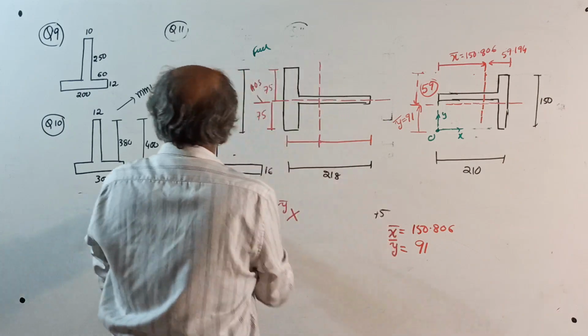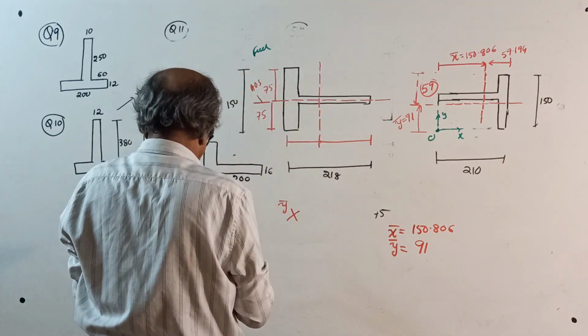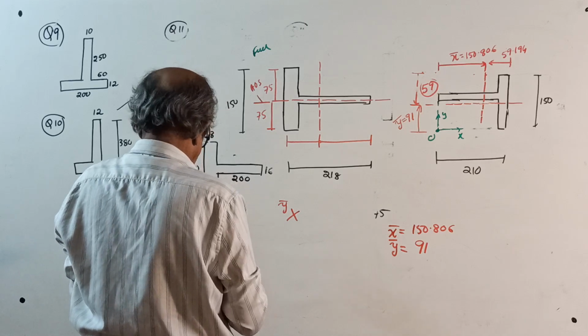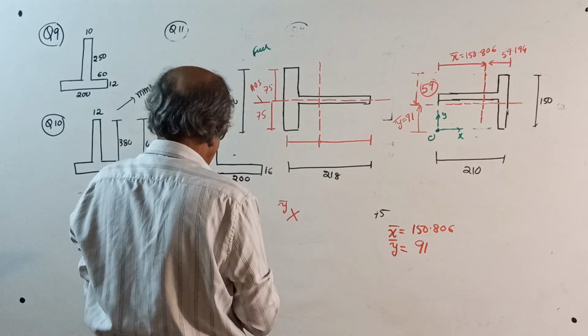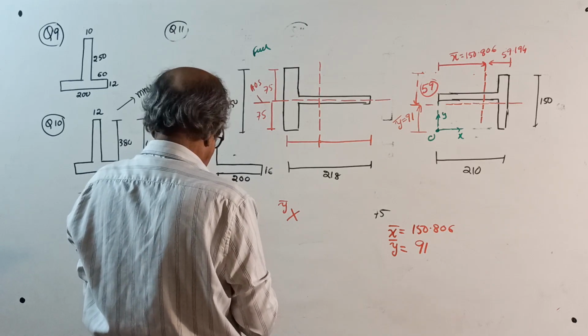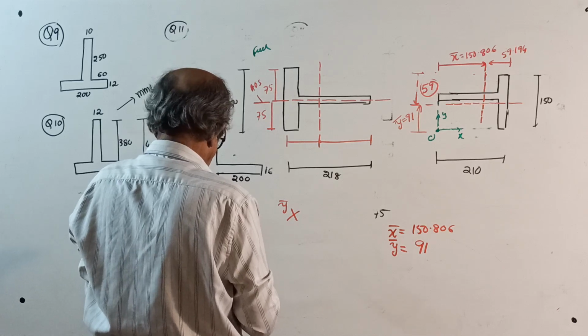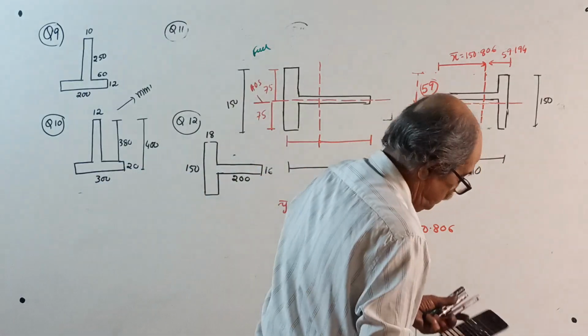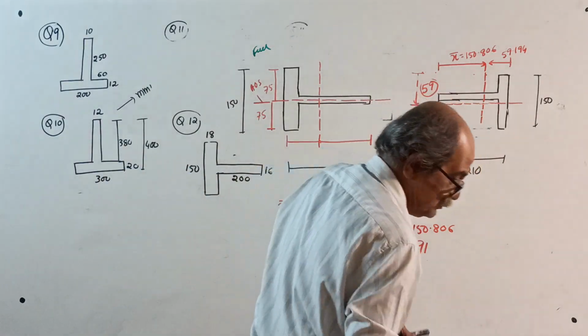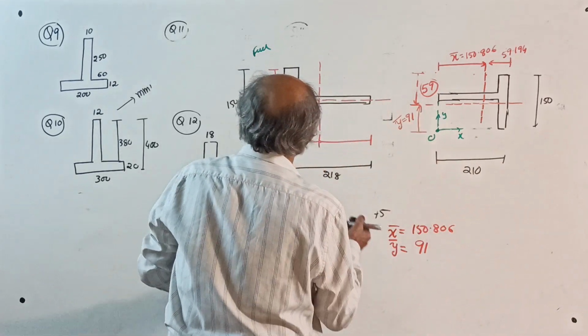150 into, where is it? It's here. 150 into 18 into 9 plus 200 into 16 into 18 plus 100, divided by 150 into 18 plus 200 into 16. 69.118. 68.118. See, light problem. 68.118.